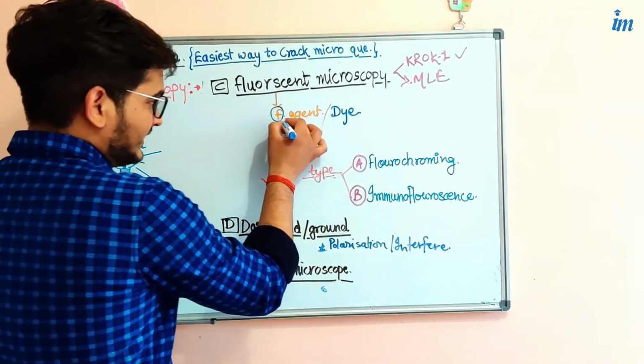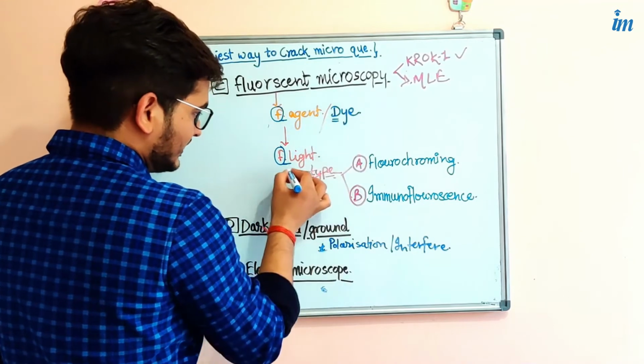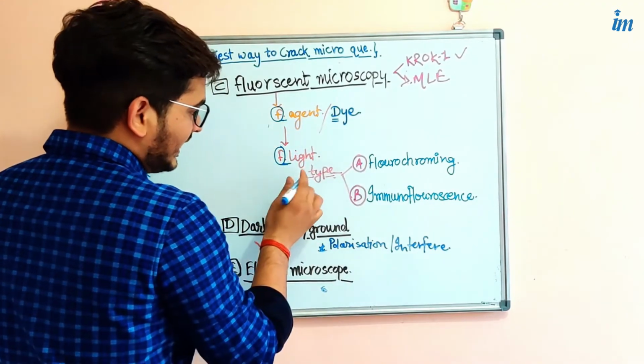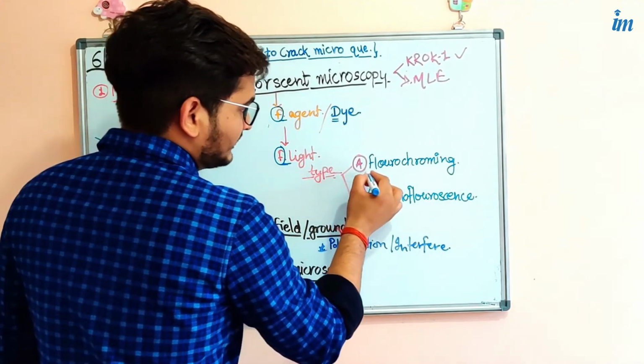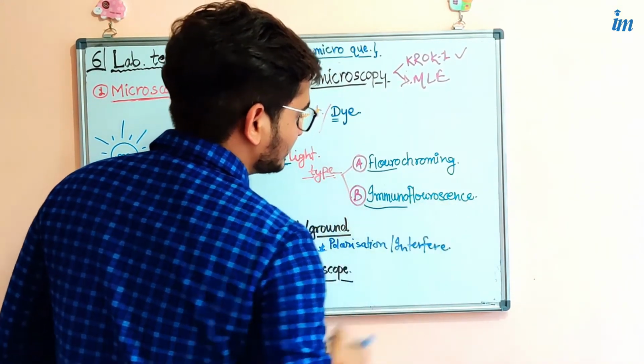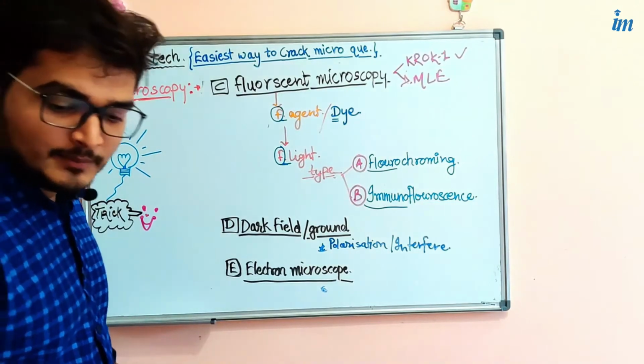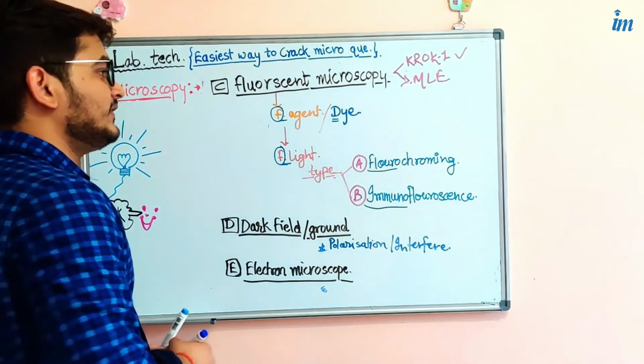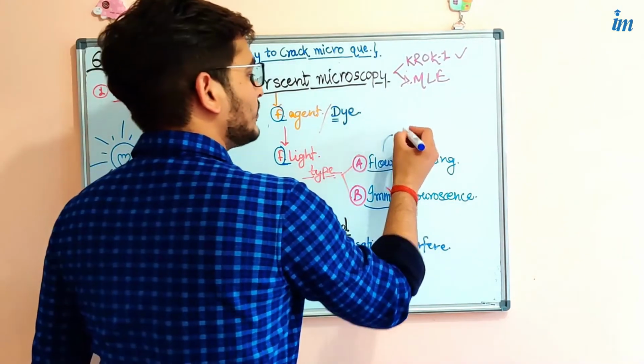So here the fluorescent agent produces the dye, more simply, they have the fluorescent light, and on the basis of that they have two types, the fluorochromic and the second one immunofluorescent. Fluorochromic simply means you have some kind of dye which has the ability to bind with the microorganisms.